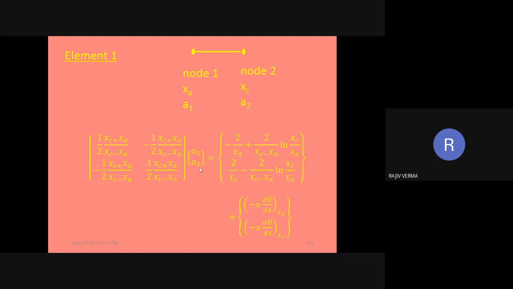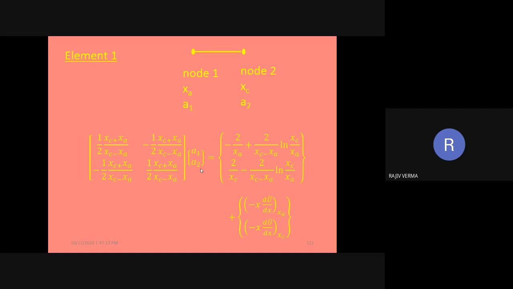Do notice that for the equations developed for the first element, we have expressions in terms of xa and xc, because the term xb has been replaced by xc. So this is the first set of two equations which we get for element number 1.